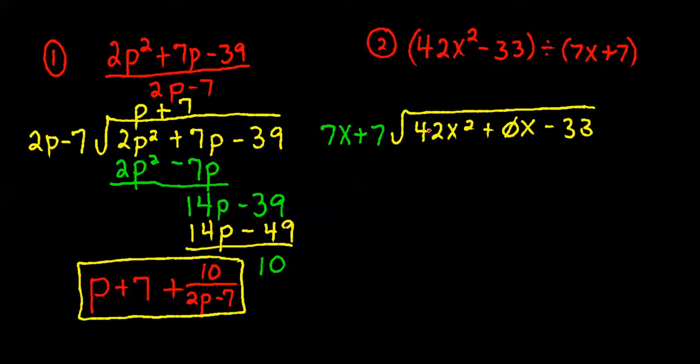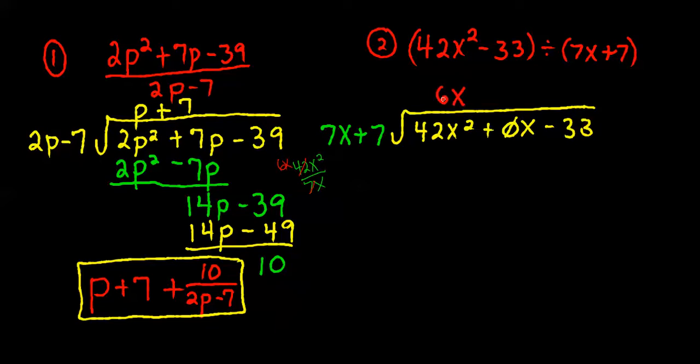All I'm going to be focusing on are the first terms, the 42x squared and the 7x, and how many of the 7x's go into 42x squared. If you're not really sure about that, you can do a little side computation: 42x squared divided by 7x, and simplify that. 42 divided by 7 is 6, and x squared divided by x is x. So that number is going to be 6x that I'm going to put up top, right here.